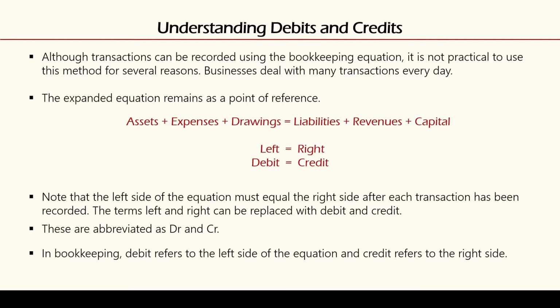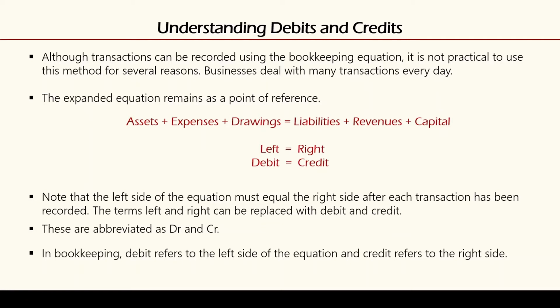The expanded equation is A plus E plus D, which is assets plus expenses plus drawings, equal to L plus R plus C, which is liabilities plus revenues plus capital, with assets, expenses, drawings being on the left side of the equation and liabilities, revenues, capital being on the right side. The ones on the left side have the default balance as debit. The ones on the right have the default balance as credit.